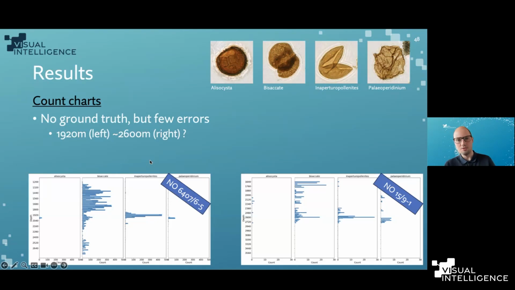So any analysis of these would have to be done by a micropaleontologist, I guess. But you can see, for instance, for the Inapodurable class and the Paleopteridinium class that you have a spike at around 1920 meters on the left and 2,600 meters in the right plot. So maybe this is an indication that 1920 meters on the left corresponds to the same geological time as the 2,600 meters on the right, but who knows?